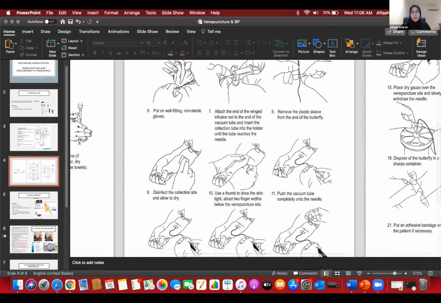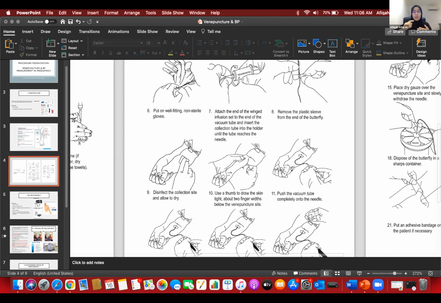And we advance the needle. Usually in a younger patient, a child, since there is not much adipose tissue, we can insert the needle nearly flat, because in adults we need to first insert it more vertically because of the adipose tissue, and then after the needle is in the vein, we flatten it.